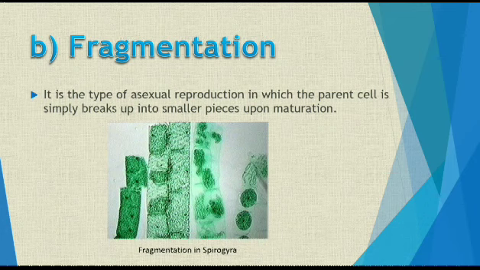They are broken down into smaller pieces, and each smaller piece is able to develop into a single organism. So each cell of these organisms is a totipotent cell. A totipotent cell means a cell which has the capability to develop a new organism. So this is called fragmentation.